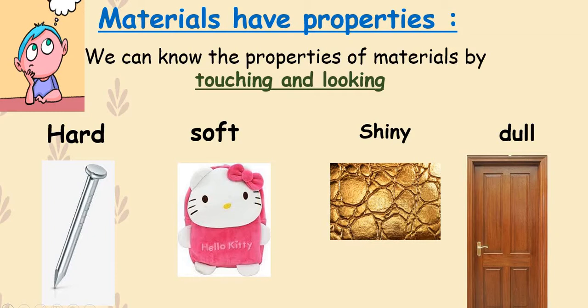When you see it, you see it's very shiny, right? So a property of jewelry is that it's shiny. What about the door of your class? The door of your class is dull, it is not shiny, okay?